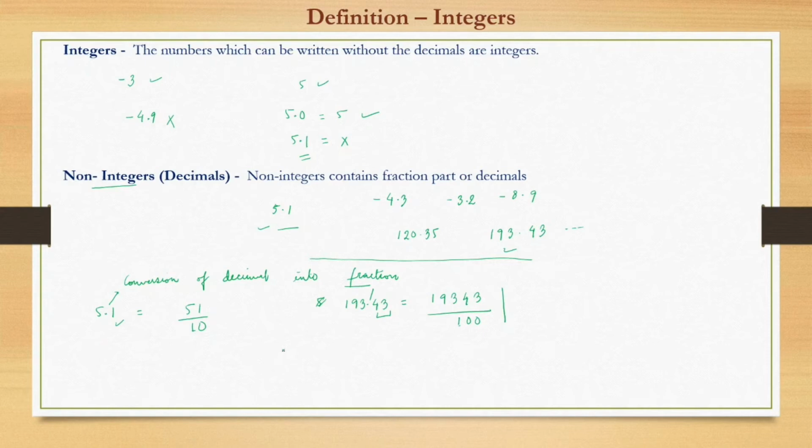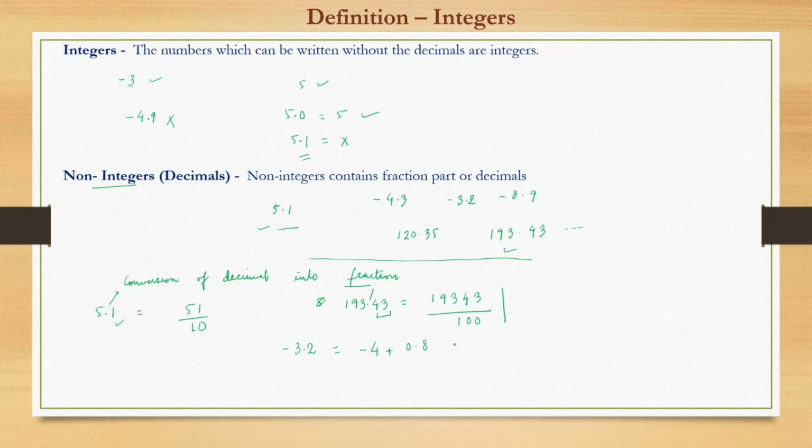Same way, suppose we had negative numbers, another example, we take minus 3.2. So here it's a bit tricky. How do we write this? As minus 4 plus 0.8, right?